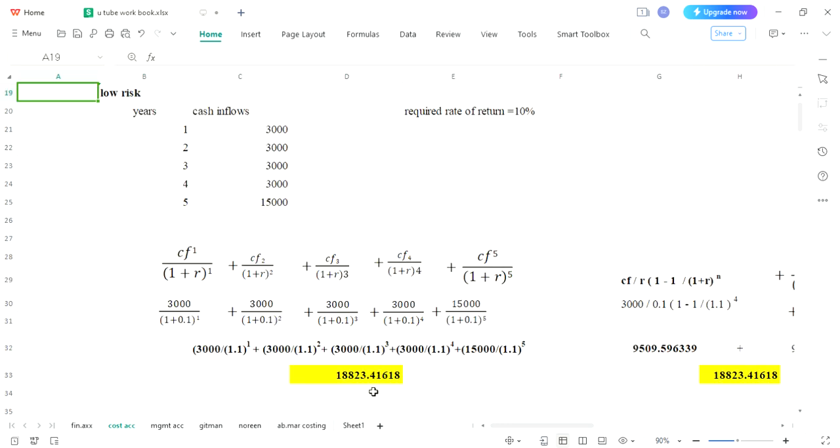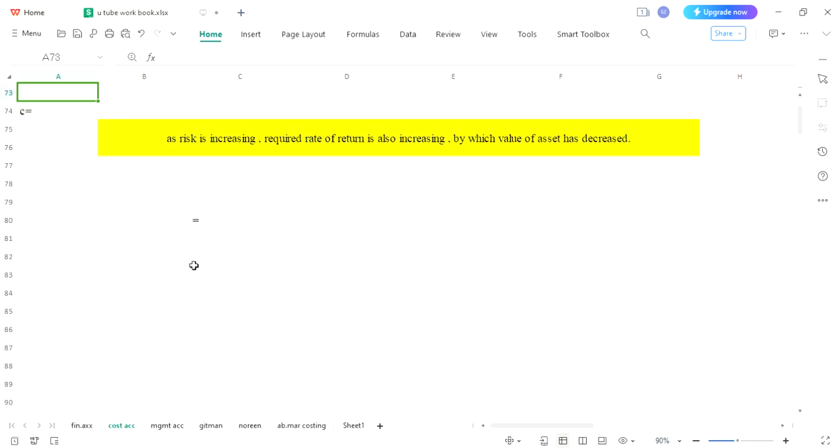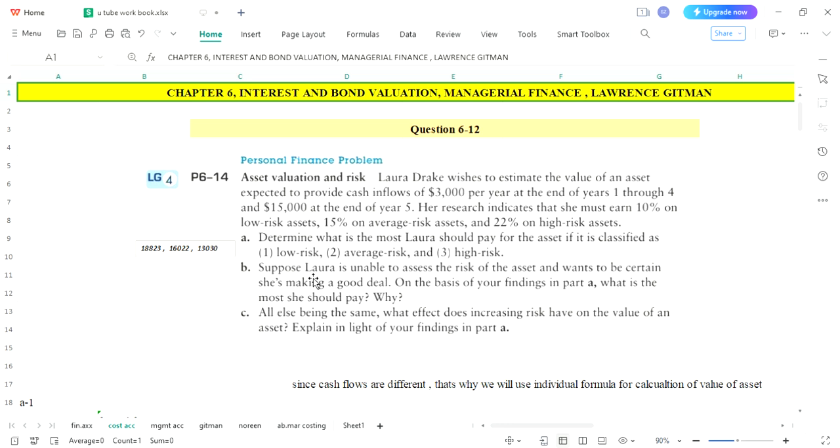For the first answer, this was low risk. We have adopted two formulas where individual formulas were used as well as hybrid formulas. I have explained it to you, so you can use it. The remaining B and C parts were theoretical and we have written their answers. This was the answer for B part, answer for C part. All parts are completed, all answers are reviewed.